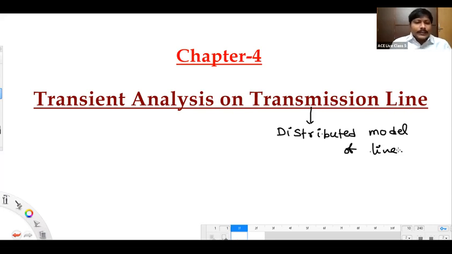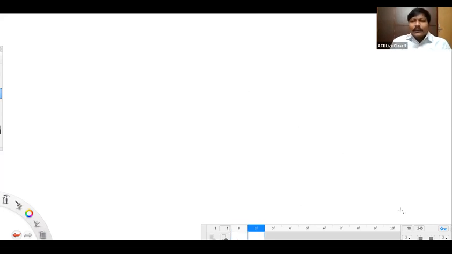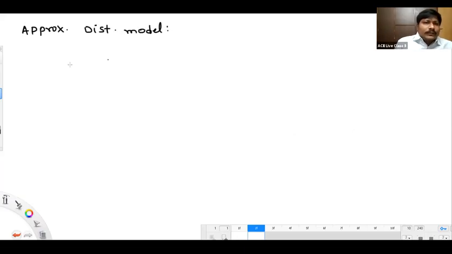Listen, I will be showing you the approximate distributed model. In the previous classes we have also seen this RLCG circuit parameter model.